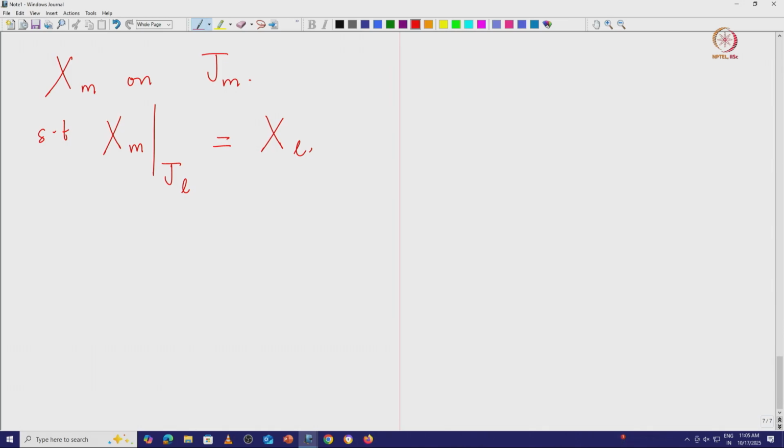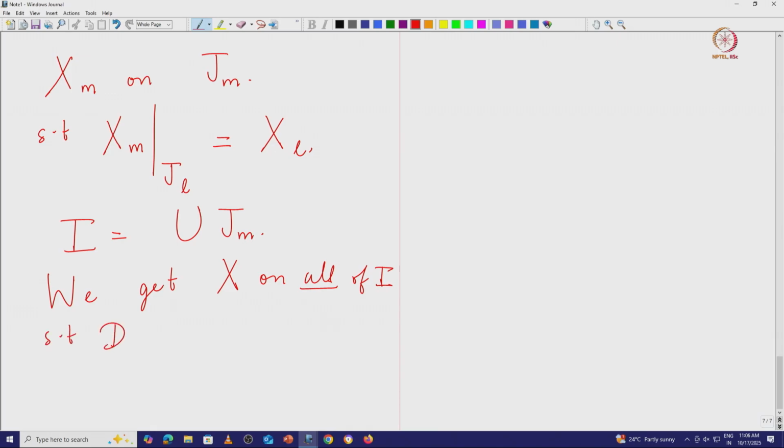But then because the union of all these Jm's is all of I, we get a vector field X defined on all of I, which is parallel and which satisfies the initial condition. So this completes the proof of our proposition. One thing to note is that this sort of thing can also be done for piecewise smooth curves.